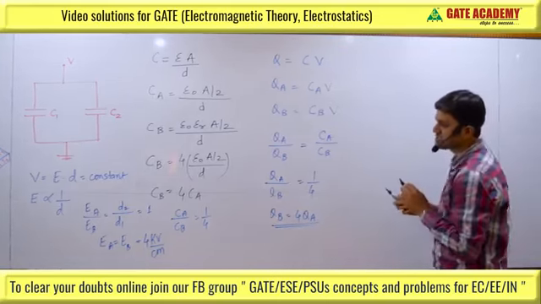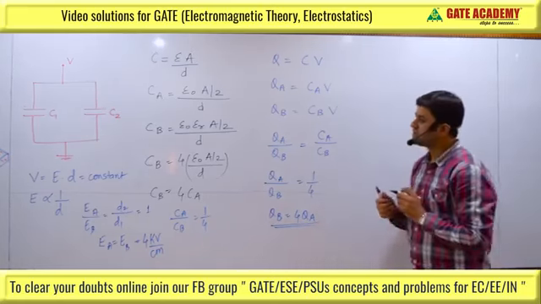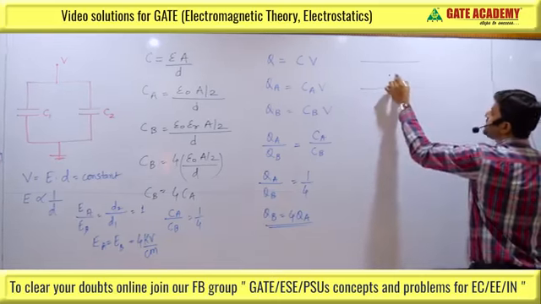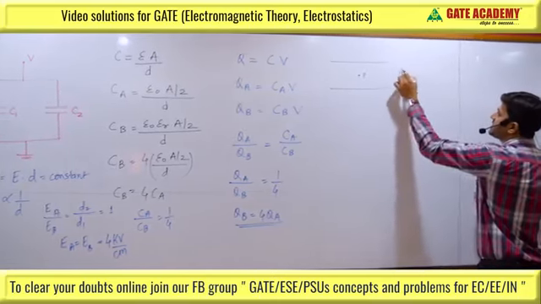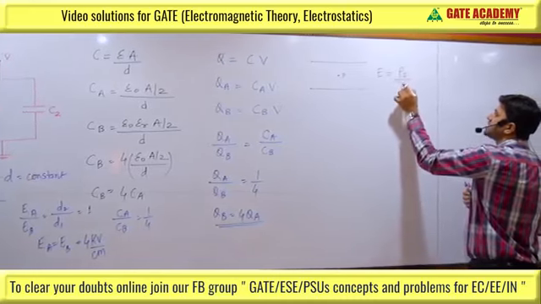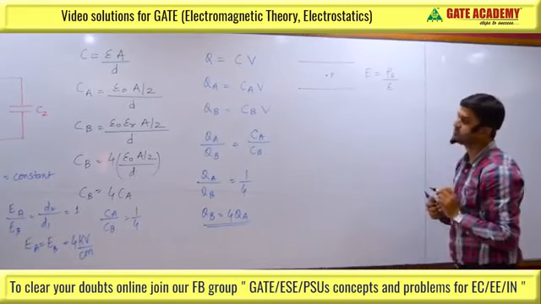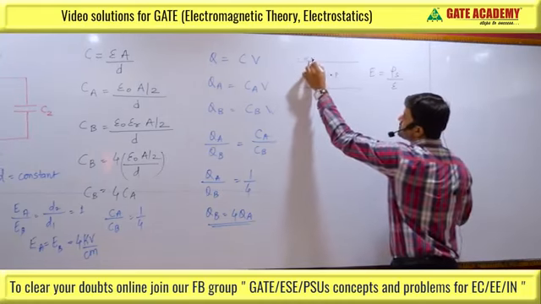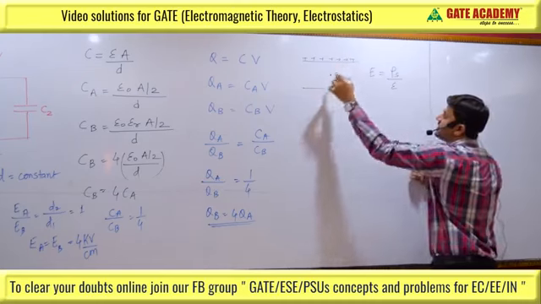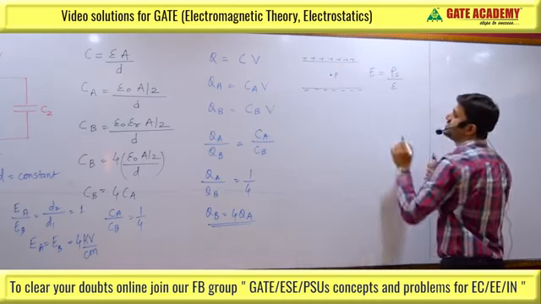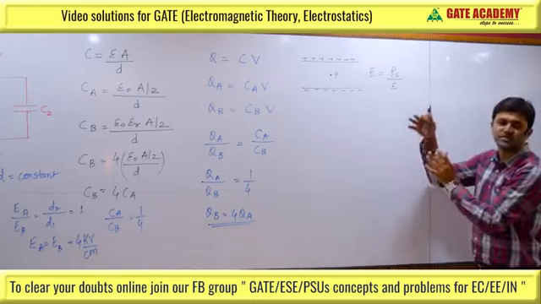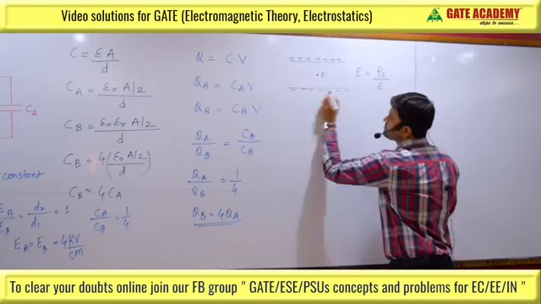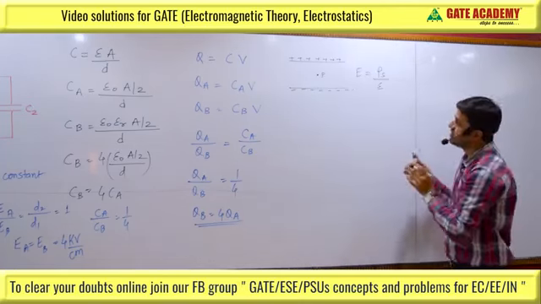Now the electric field, because we are interested in electric field. So for a parallel plate capacitor, at any point P, electric field strength is given as rho s upon epsilon. Suppose this is plus, the charge stored here, and this is minus. So the electric field at point P in between the plates is given by the surface charge density stored in this plate. The plate is nothing but a surface or a plane.